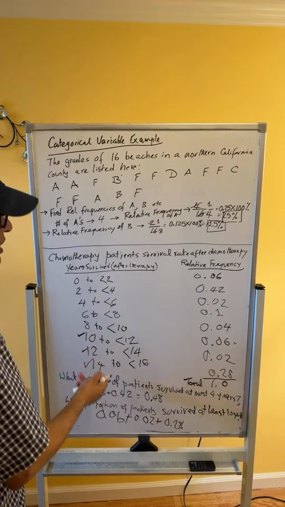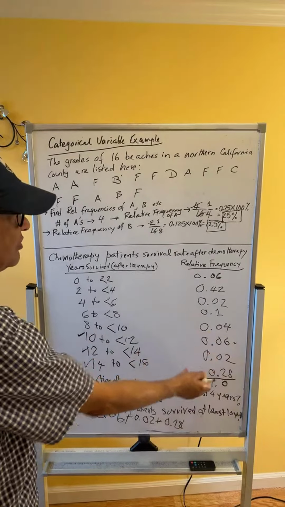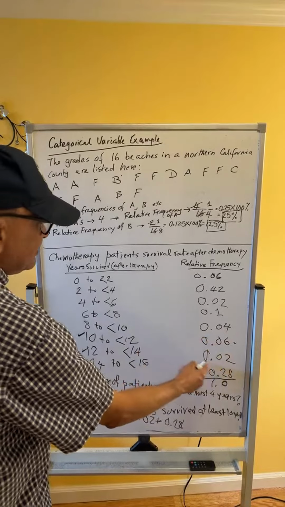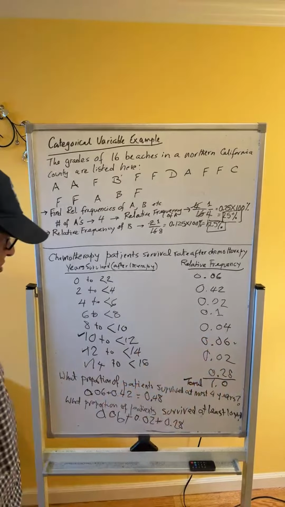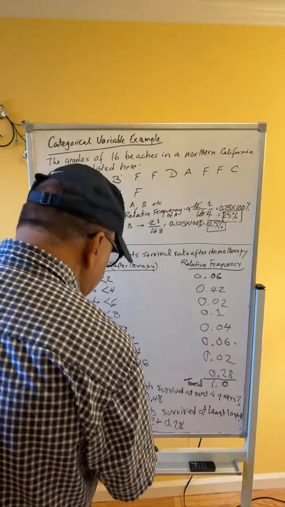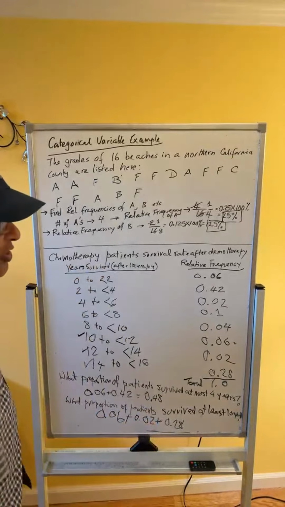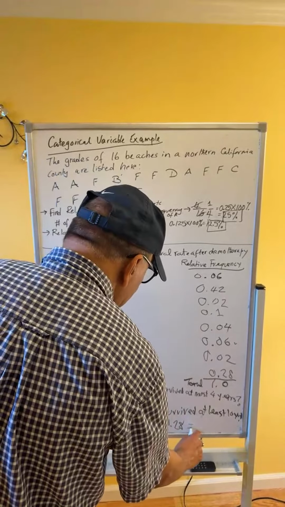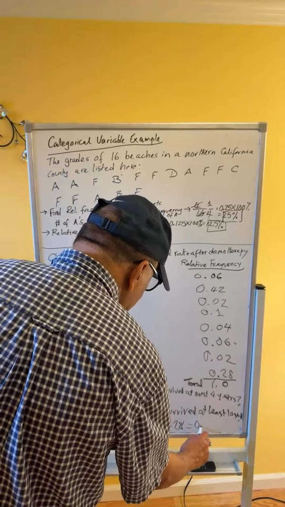So you've got to take into account the relative frequency of each of the last three classes, which is 0.06 plus 0.02 plus 0.28, which works out to 0.06 plus 0.02 is 0.08 plus 0.28 is equal to 0.36.